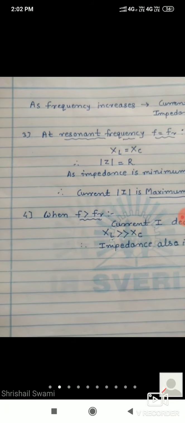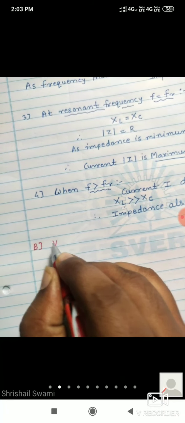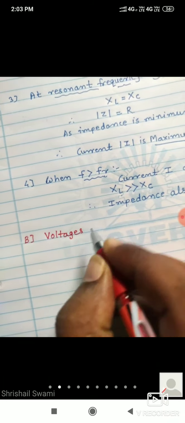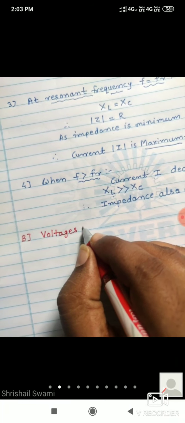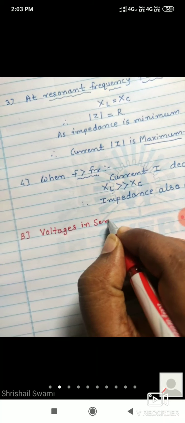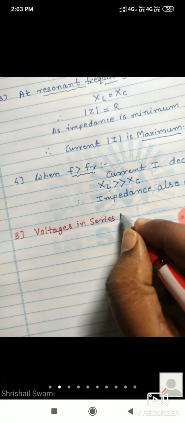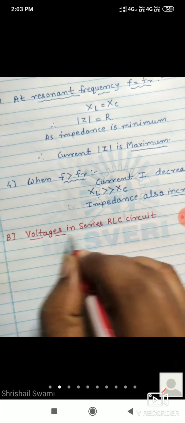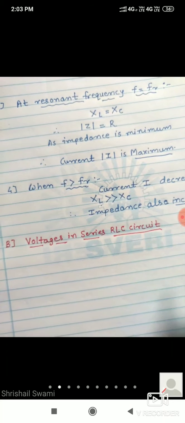Okay. Now next point, voltages, that I will call it B point. Voltages in series resonance circuit, or series RLC circuit. So how many voltages are there? Who will tell?